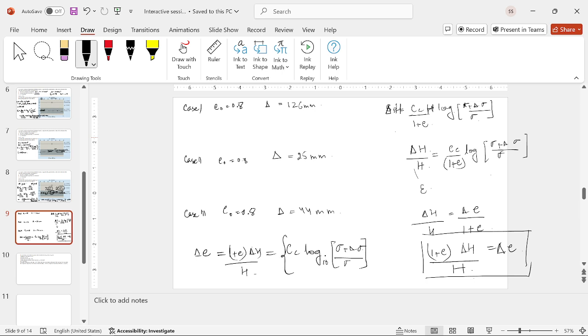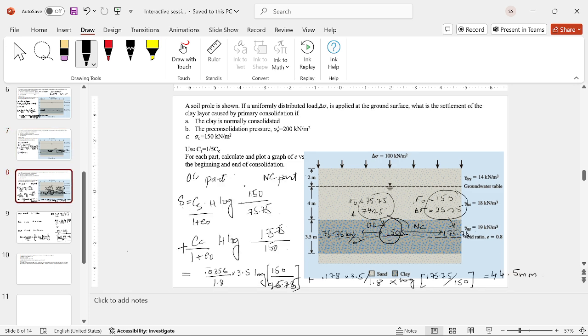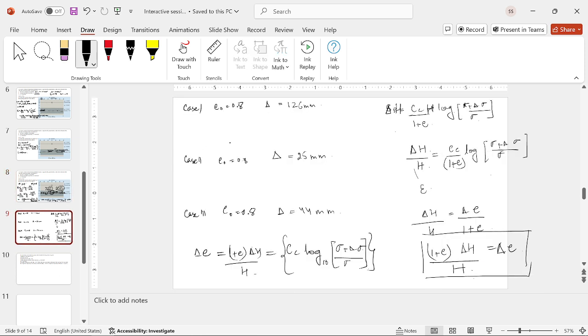Now this portion of these equations, let's take only this portion, Cs log 150 over this, Cc and this, and we will get the three changes in void ratios.